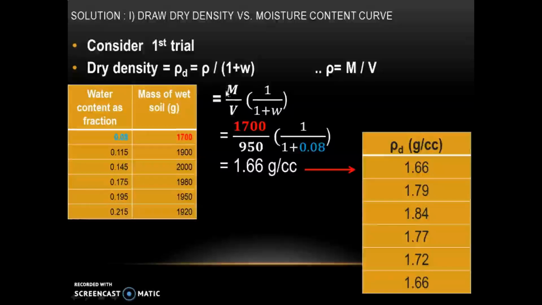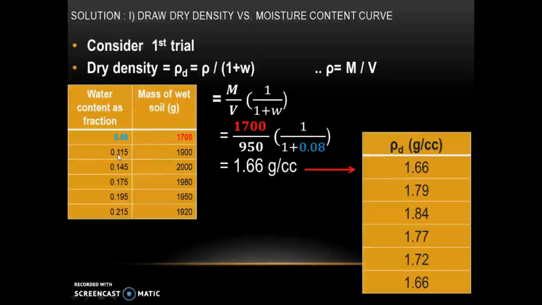Mass is given in the problem, that is the mass of wet soil, which is taken in terms of grams, and volume is given, which is equal to 950 cc, into 1 divided by 1 plus water content, written in terms of fraction, that is 0.08. So we get rho d as 1.66 gram per cc. So this is the value of dry density for the first trial.